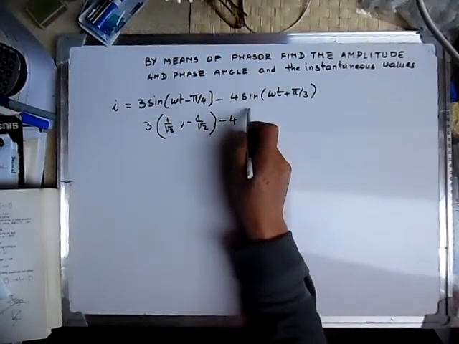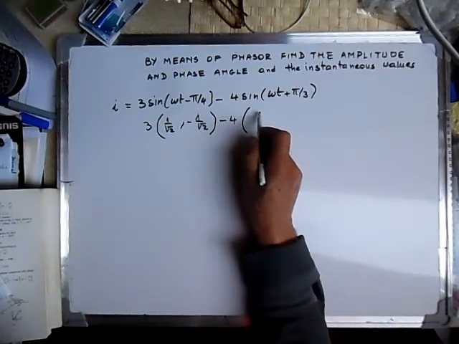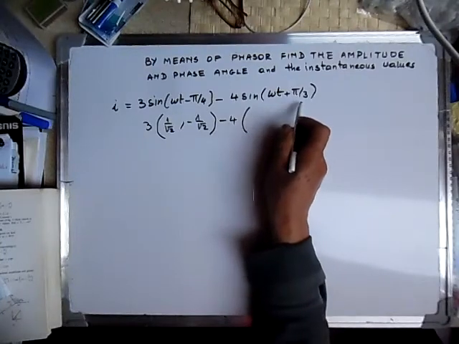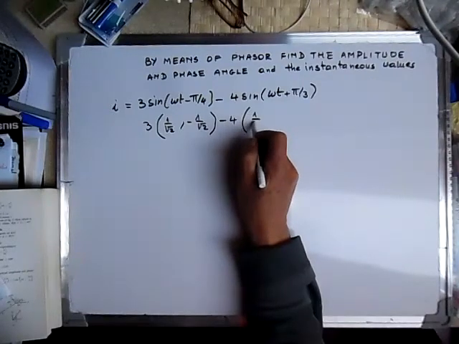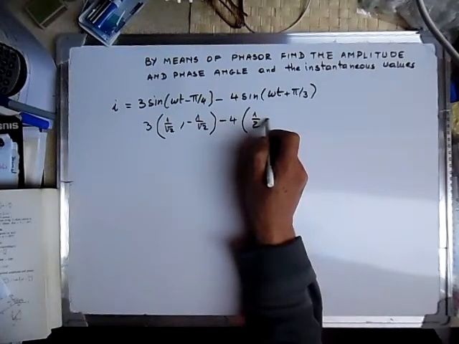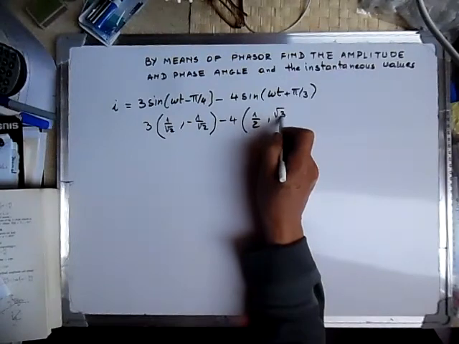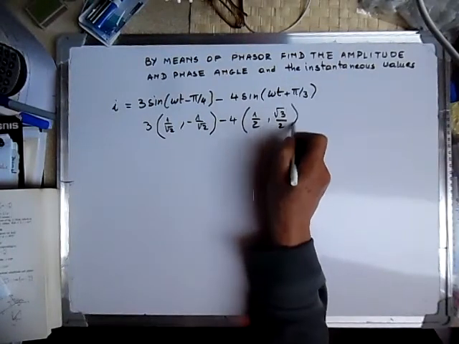Minus 4, the vector of sine omega t at t0, this vector will have pi over 3, its cosine is 1 over 2, is it correct? And the sine is square root of 3 over 2.